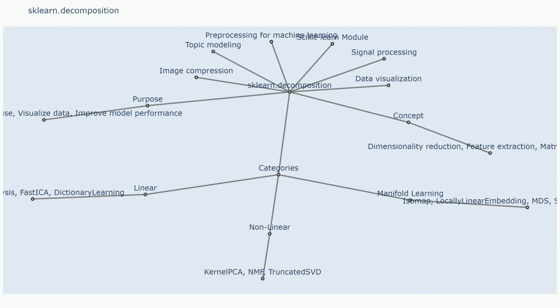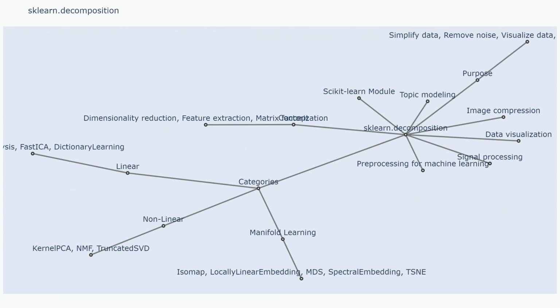Deconstructing the methods. 1. Principal component analysis (PCA), the workhorse of decomposition. PCA identifies the directions of maximum variance in the data and projects it onto these directions, forming new, uncorrelated components called principal components. Key features.